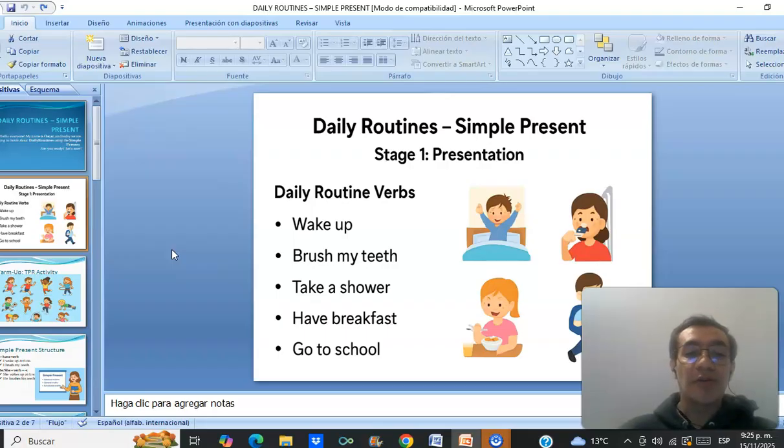As I was letting you know, here are some examples. That is what we usually do when we wake up in the morning, and students will use these verbs to communicate in a real way, to provide general information about your daily routine, about your everyday stuff that you do.